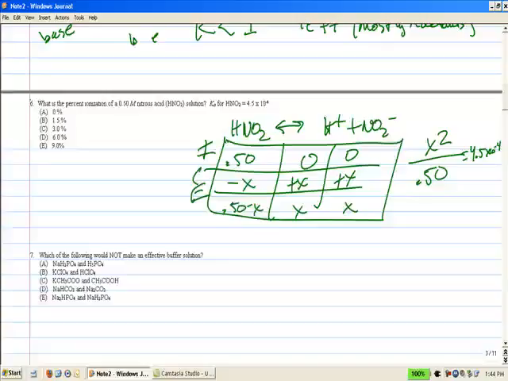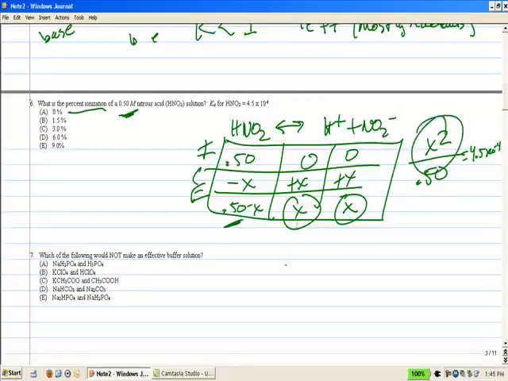To figure out the percent ionization, we have to figure out how much of this 0.50 molar nitrous acid actually dissociates. Because when they say percent ionization, they want to know how much of it ionized. So basically, how much of it is formed into products compared to how much we start with. We're trying to figure out how much we got so we can figure out what percent of that original amount we lost.